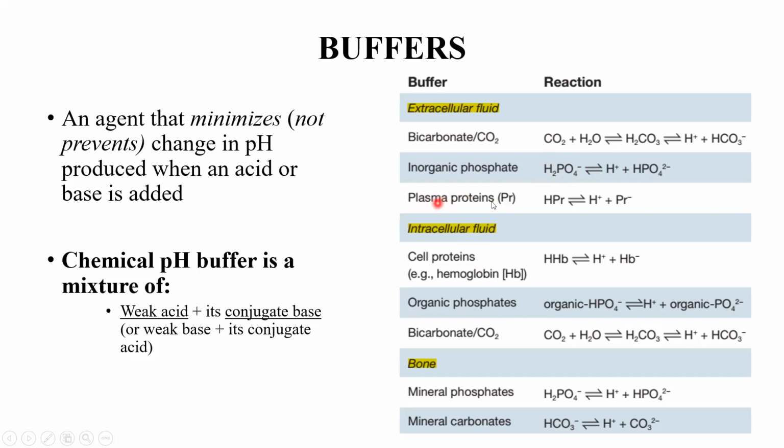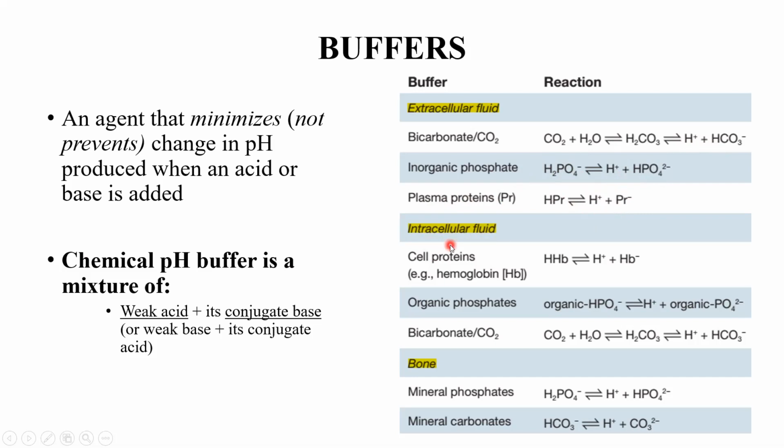Then you have plasma proteins, which have buffering action. They combine hydrogen ion, and what you are seeing is that the body does not tolerate hydrogen ions in the free form. They have to be packaged here with bicarbonate, here with HPO4, and here directly with plasma proteins.